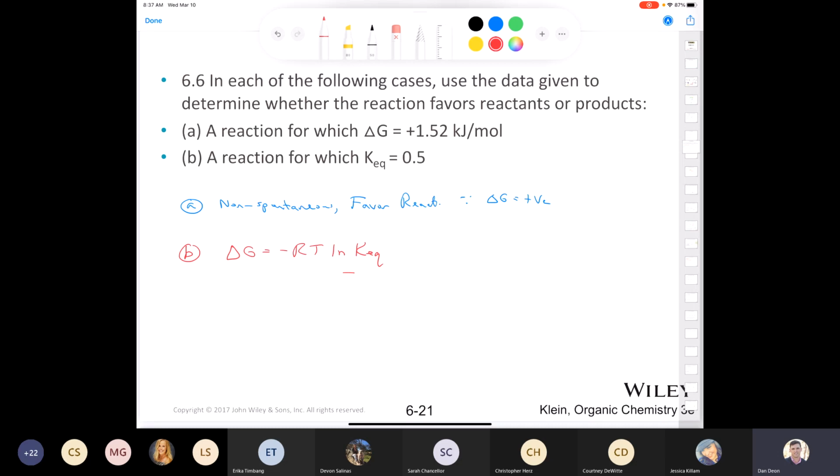So we have a negative times a negative over here. That means your delta G is going to be a positive number. When delta G is positive, it's non-spontaneous, as we just said, and so it's going to favor reactants in this case.